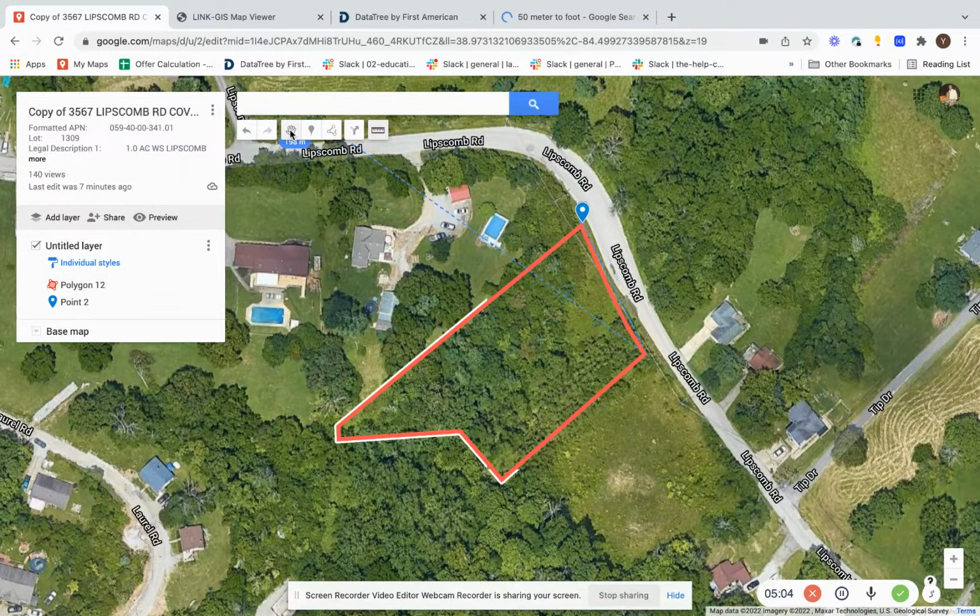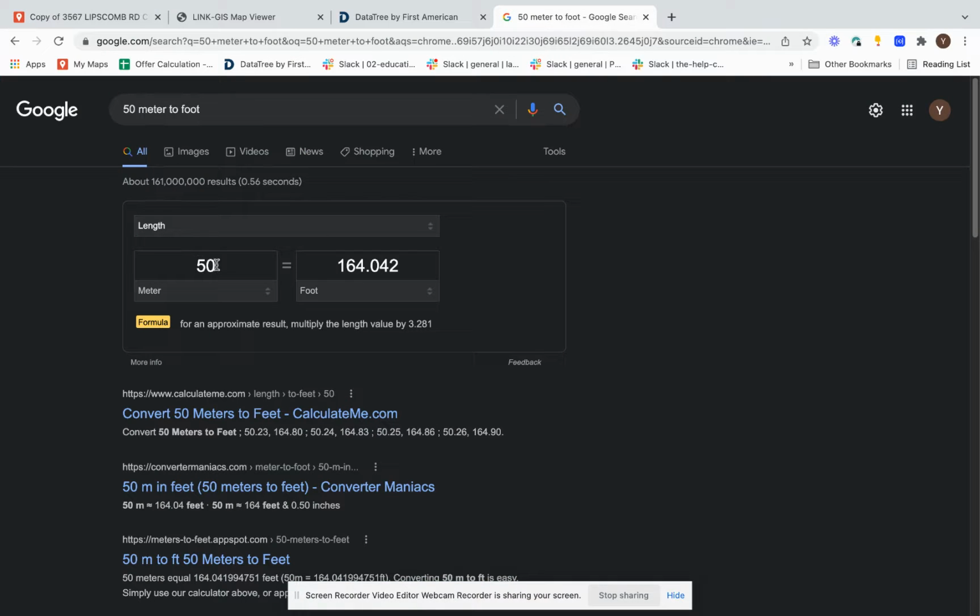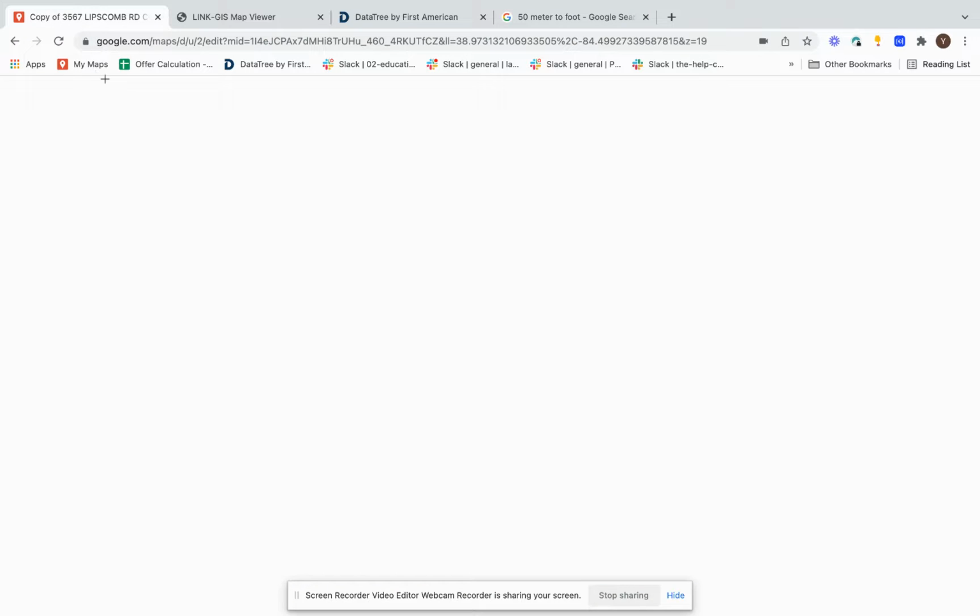Now let me measure the south side. That will be about 65 meters, which would equal to about 213 foot.